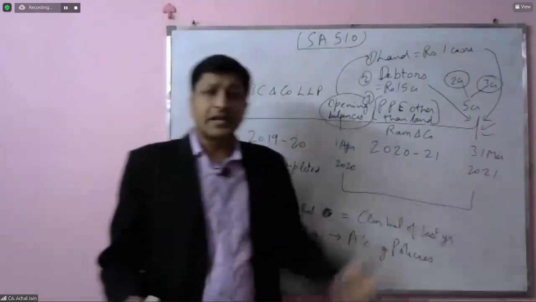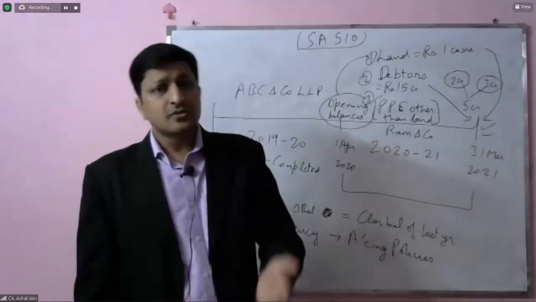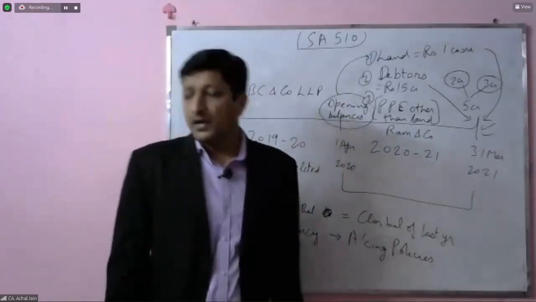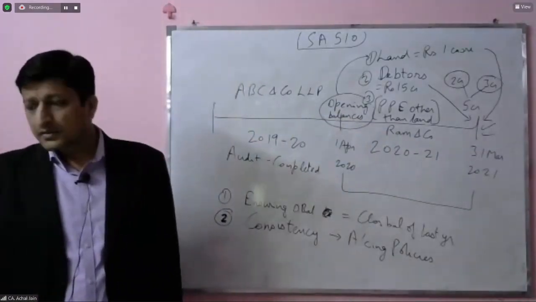Because for the current year, additions testing would be done, but for the opening balances, nothing would be done. So that would be required to be performed on the part of the auditor. Okay, clear on this? Yeah.